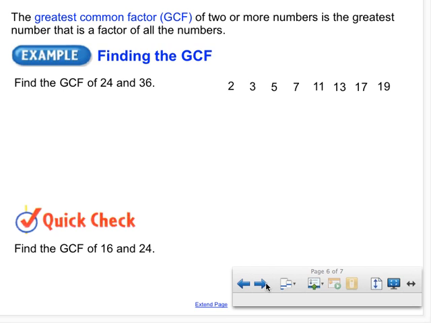I need you to make the factor tree for these 2 numbers. So actually, just to speed things up, rows 1 through 3, I need you to make the factor tree for 24, and rows 4, 5, and 6, factor tree for 36, really quickly.